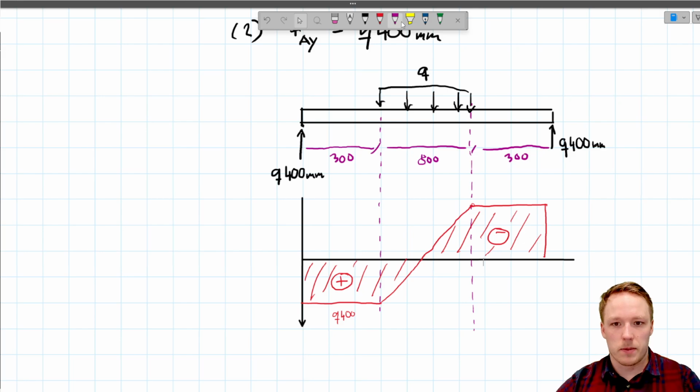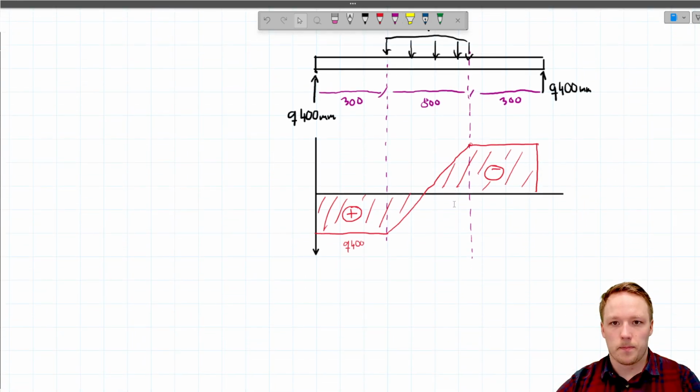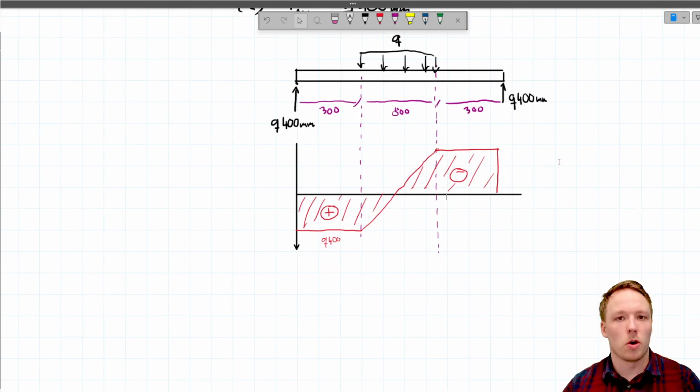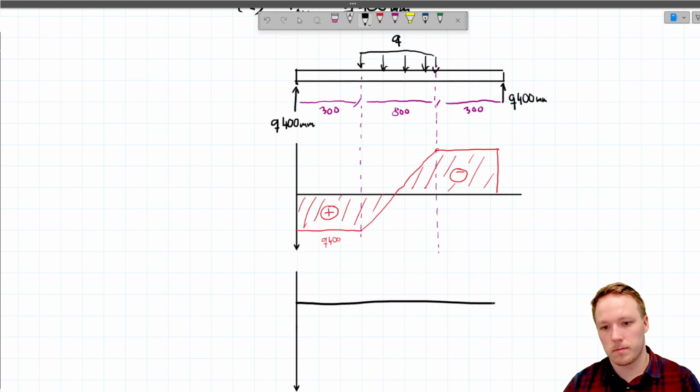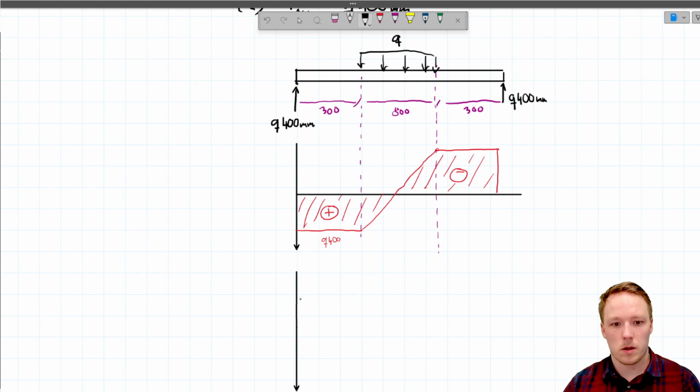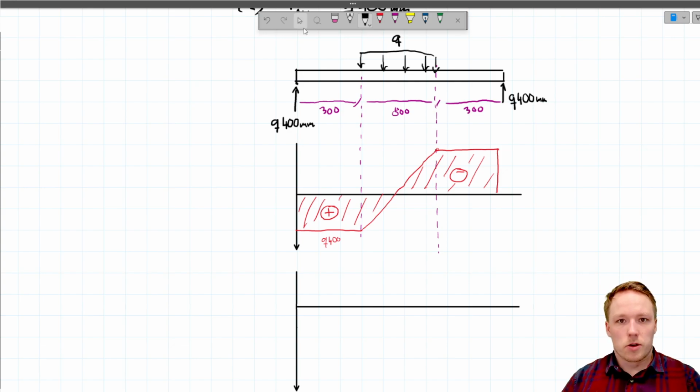Well, the next step. Next we are going to need to solve what the internal bending moment is in this structure. Let's draw a diagram here.